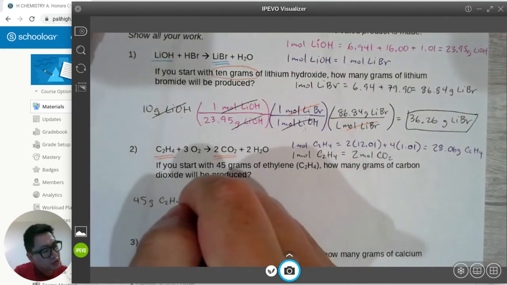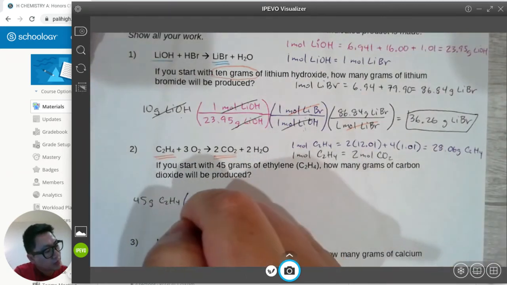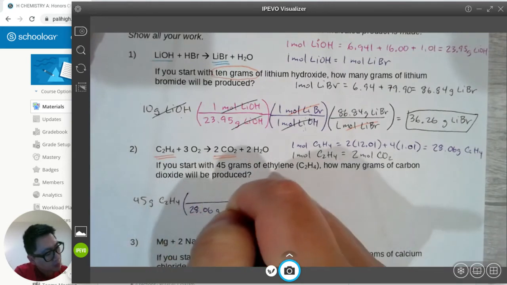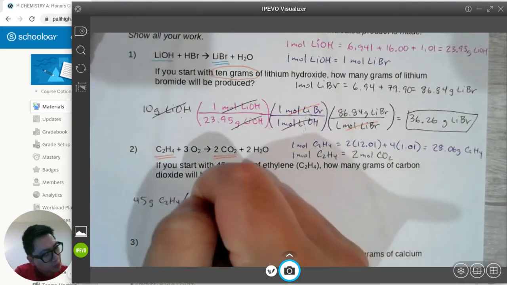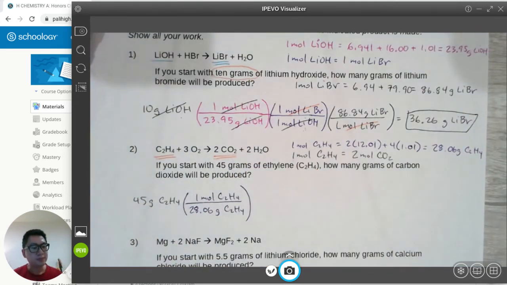So first thing, change my grams to moles. I want grams to cancel out, so I'll put the grams on the bottom: 28.06 grams of C2H4 is a mole of C2H4. And again, I put the grams into the denominator, so grams of C2H4 will cancel.